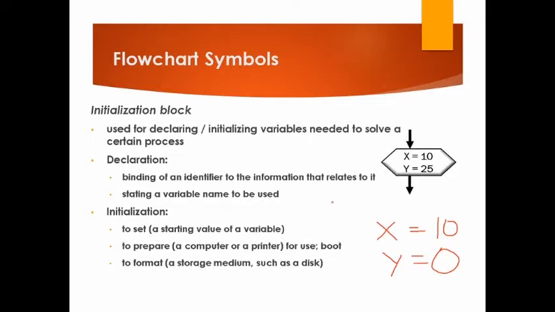But here in programming, a variable is actually a temporary storage of a value. So if we talk about variable x equals 10, our identifier is x, and then we have the value 10.